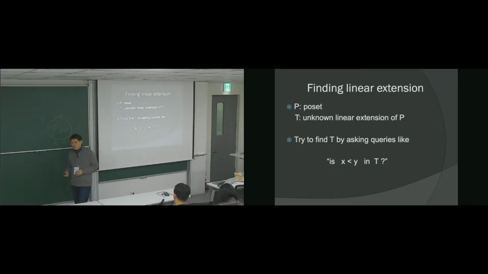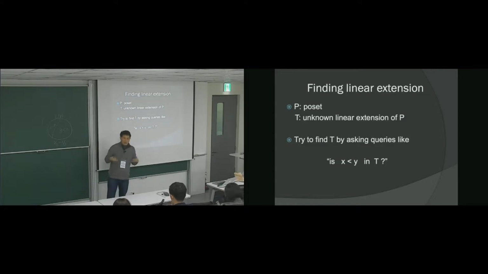Is x less than y in your linear extension? Again, it's not a good idea to choose x, y whose relation is already known in the poset. So it's a good idea to choose an incomparable pair of the poset. I will keep asking this question, with a different choice of x, y every time.